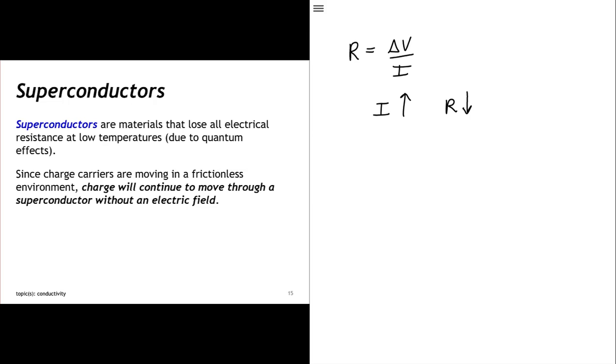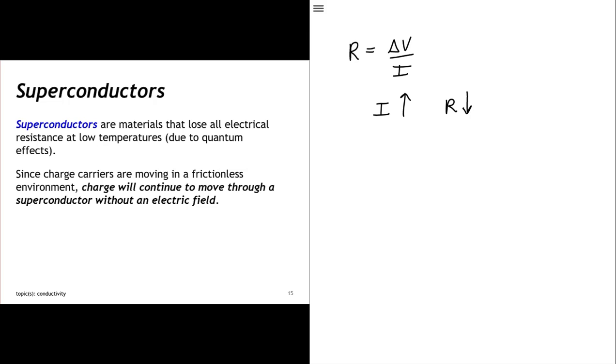Now, superconductors are the holy grail of material science. Superconductors are materials that lose all electrical resistance at low temperatures, and this is due to quantum effects.